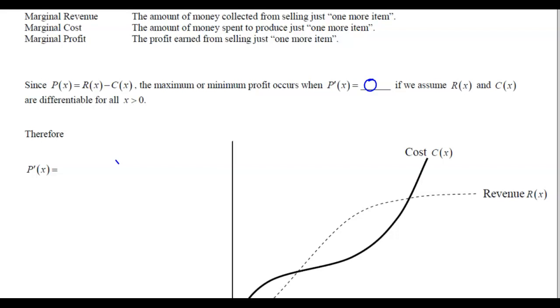So that means if we take the derivative of the profit function, that's really R prime of x minus C prime of x. So if you set that equal to 0, the derivative of the revenue function equals the derivative of the cost function, which sometimes might come in handy.